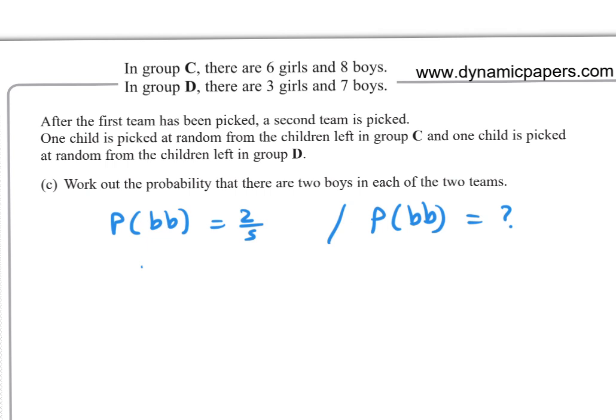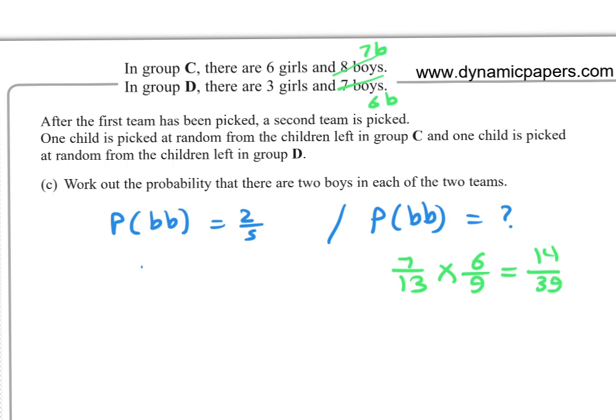Now if we have 2 boys in the first team, this means now we have 7 boys in group C and 6 boys in group D. So the probability that we have a boy in the second team equals 7 over 13, 7 over the total, times the probability to pick a boy from group D. We have 9 in all and we have 6 boys, so 6 over 9. Now multiply them, equals 14 over 39.